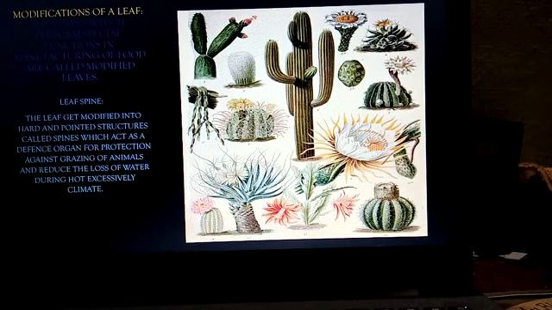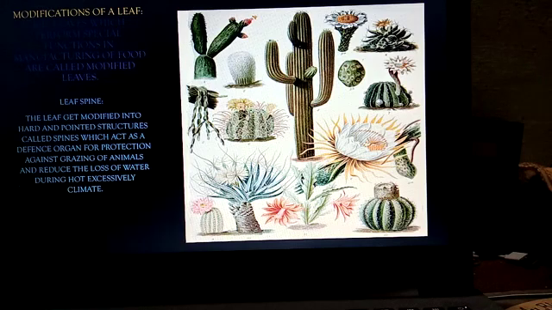Those are called spines, and they act as a defense organ, for protection against grazing of animals. It does not allow any animal to come and graze on it.